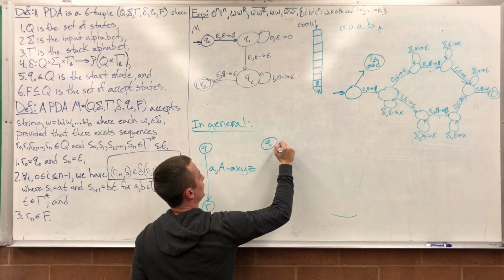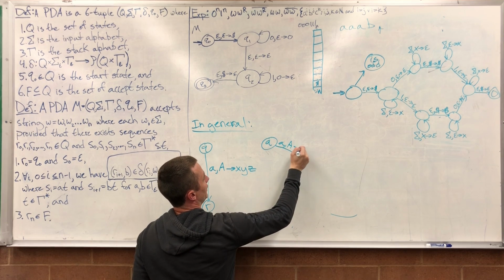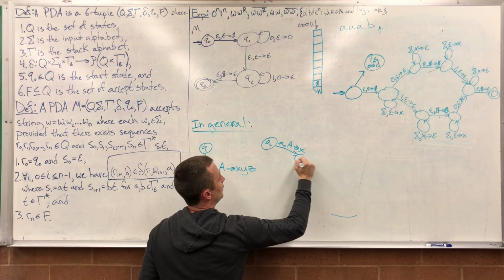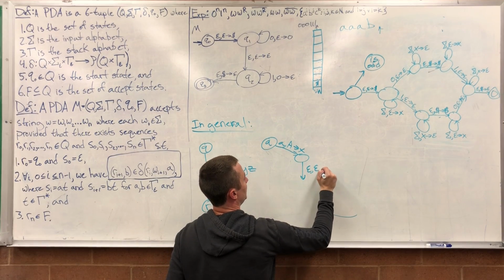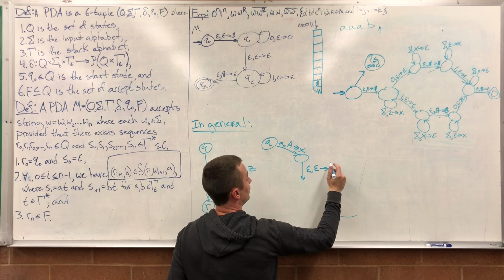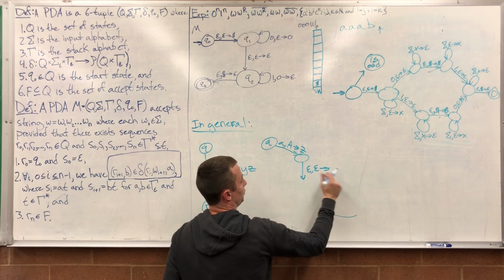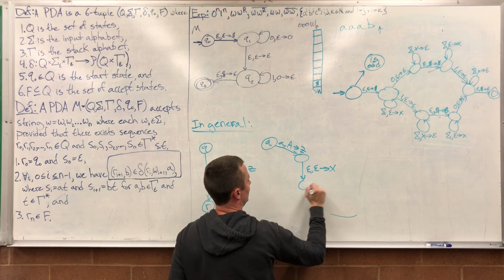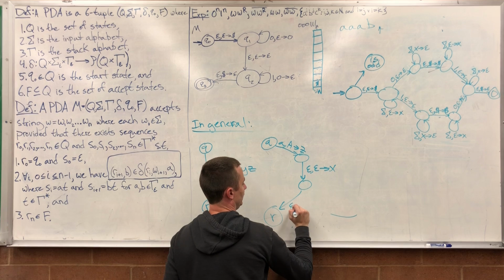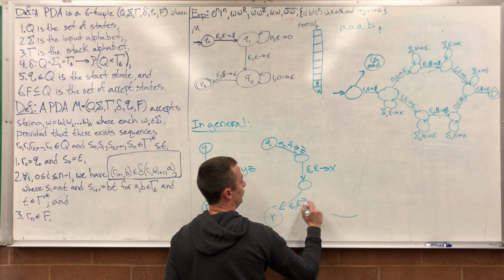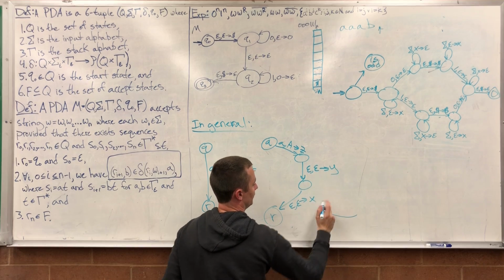I can do Q goes to some other state, reading little a, popping big A, pushing X, then going from here to here, reading nothing, popping nothing, pushing Z, then reading nothing, popping nothing, pushing Y, and then finally coming back to here, which is state R, reading nothing, popping nothing, pushing X.